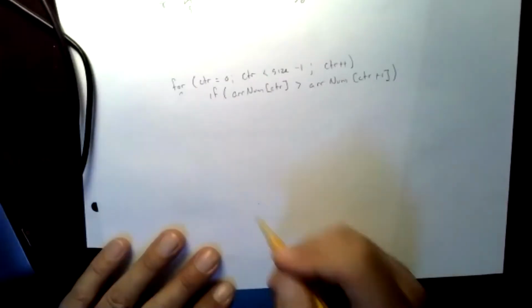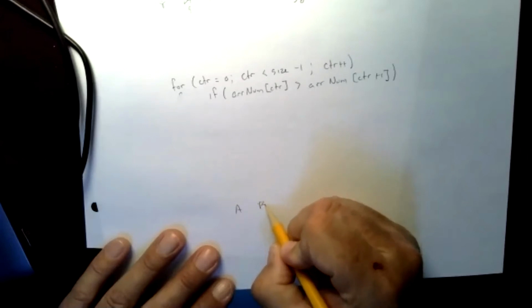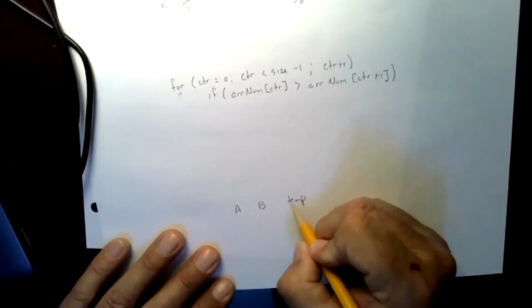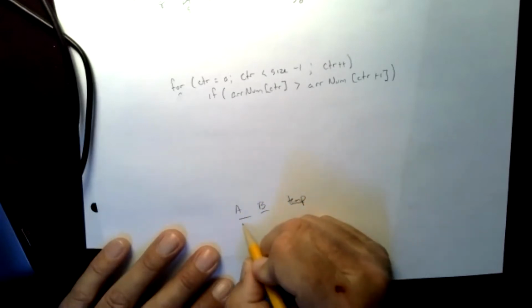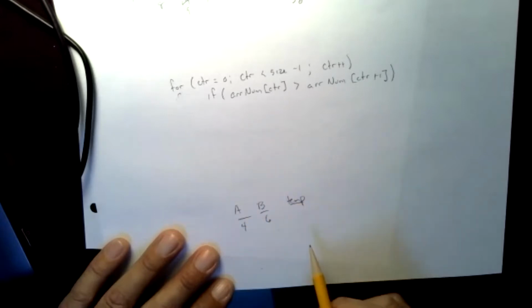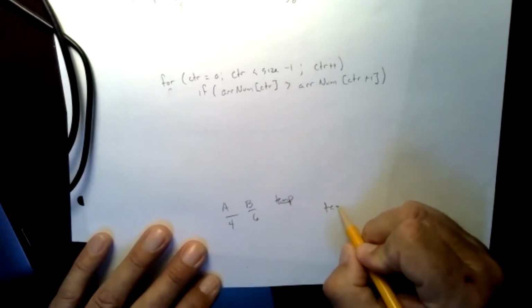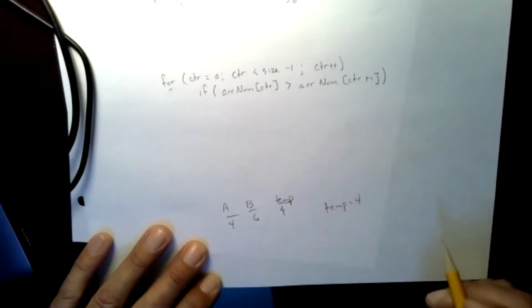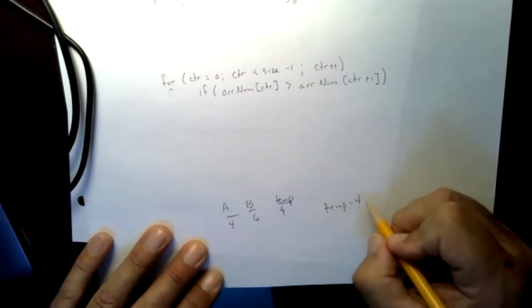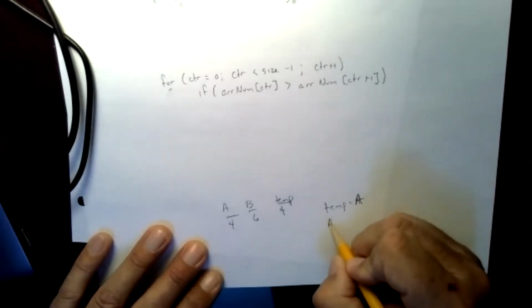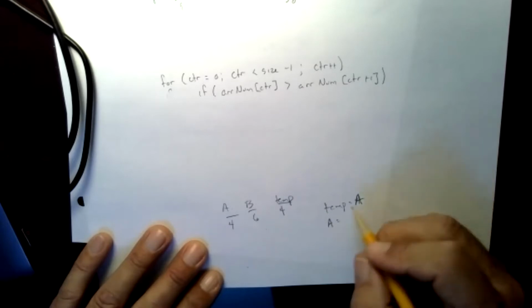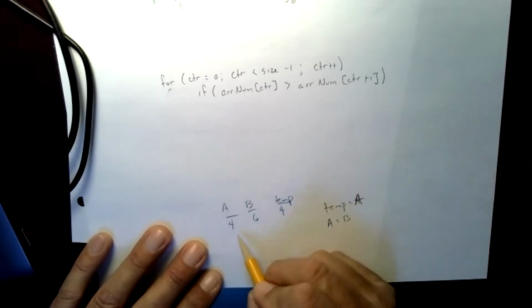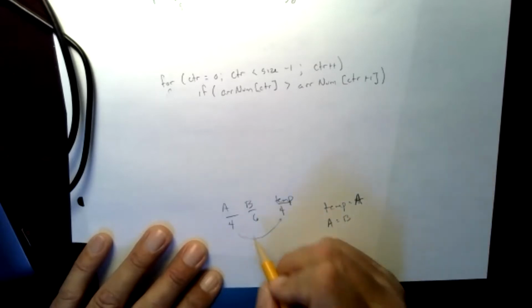Let's see how swap works. If I have A, I have B, I have temp. A is 4, this is 6. I'm going to let temp get the value of 4. A is going to get the value of B, because this one over there, that was first.